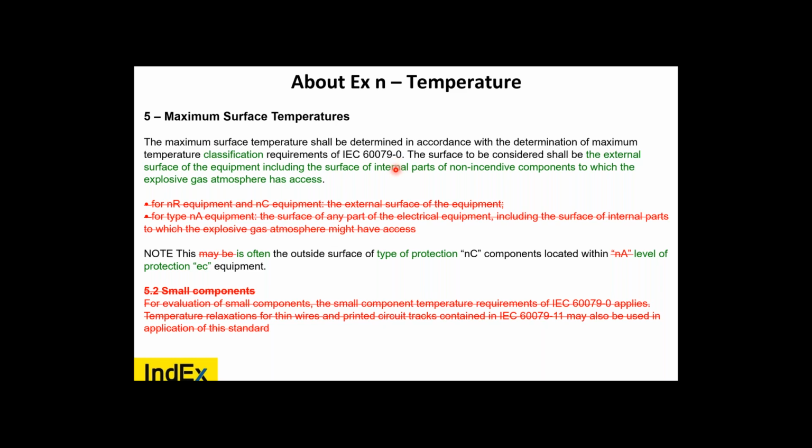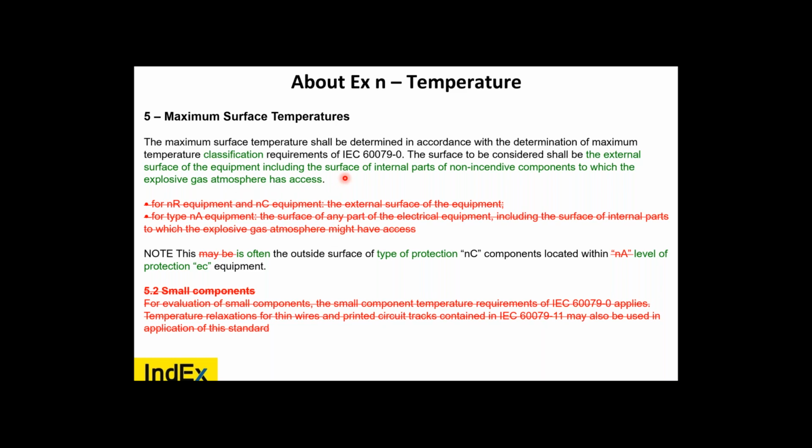You must make reference to all the other standards listed within that standard. The surface to be considered shall be the external surface of the equipment, including the surface of internal parts of non-incentive components to which hazardous atmosphere gas has access to.